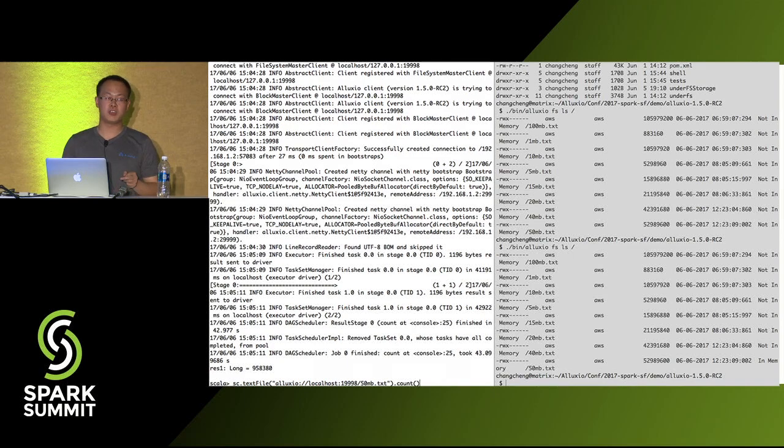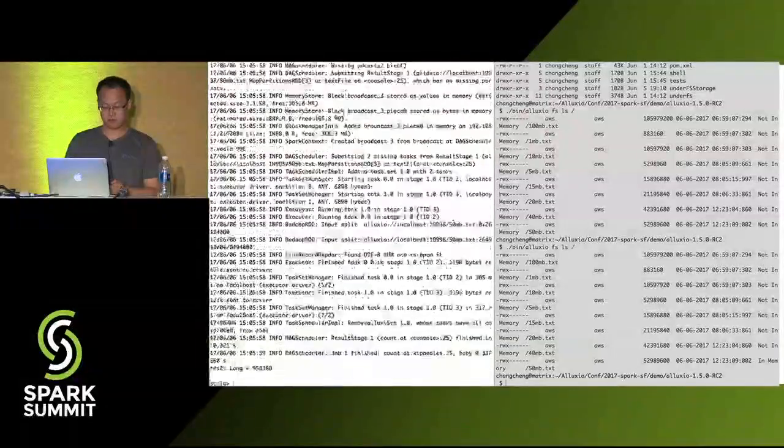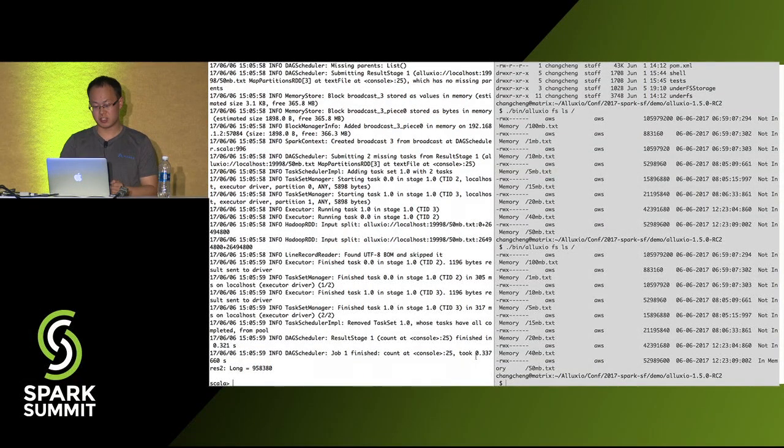It doesn't need to be fetched from the remote S3 bucket. So it will finish very quickly because the counting lines job is not a difficult one. Yeah, so it just finishes in 0.3 seconds. Remember that previously it took 42 or 43 seconds. So that is the performance boost.